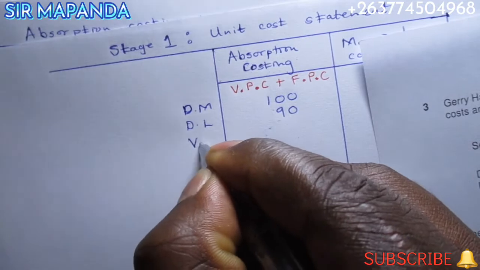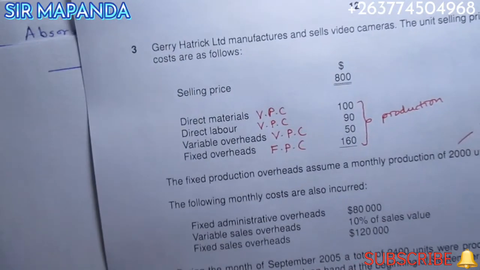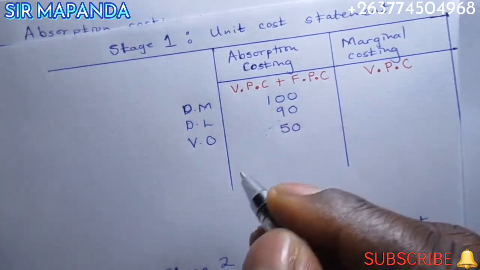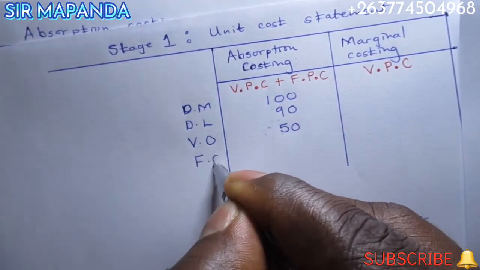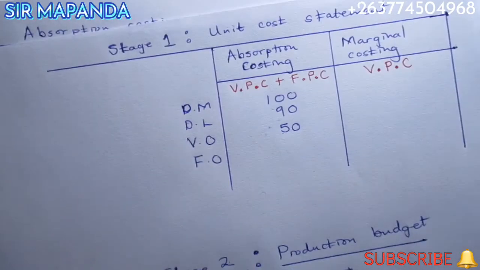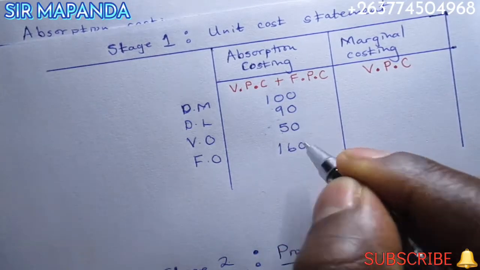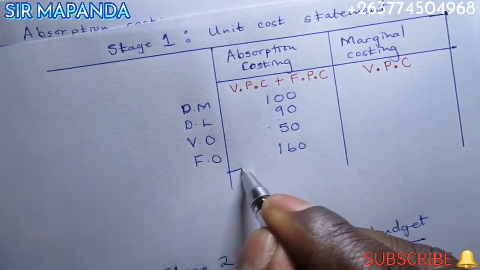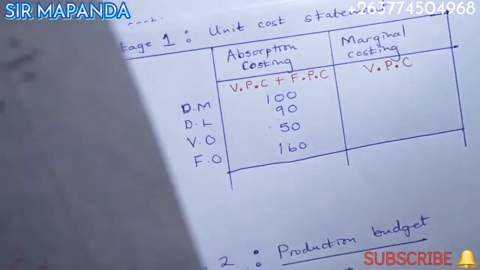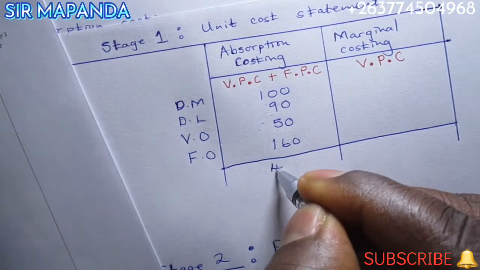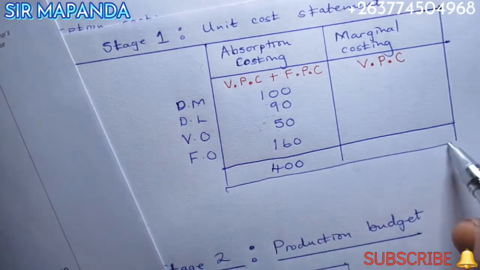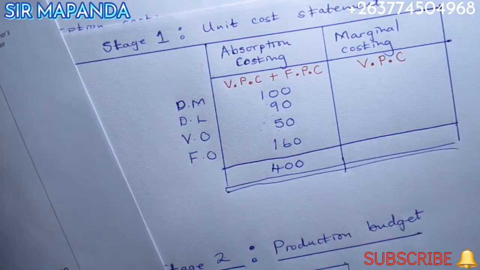We have variable overheads per unit, which are standing at 50. So I'm going to write 50 here. Then we have fixed overheads. Fixed overheads are amounting to 160. So I'm going to put 160. I hope you are following. Right, so I want to add to find the total unit cost under absorption costing. So I'm going to write 400 here. I hope you are following. So 400 is the total unit cost under absorption costing.